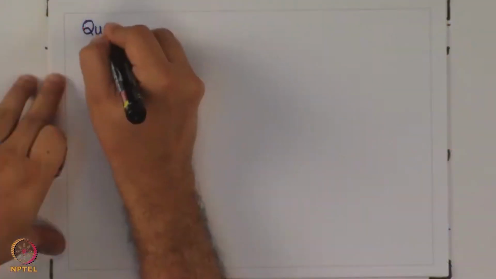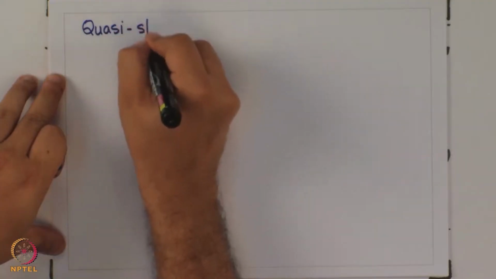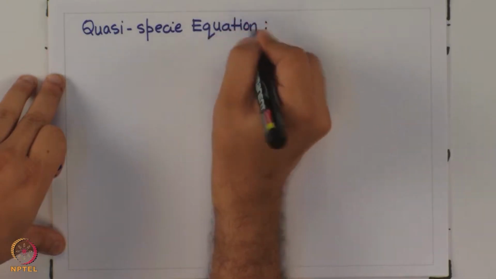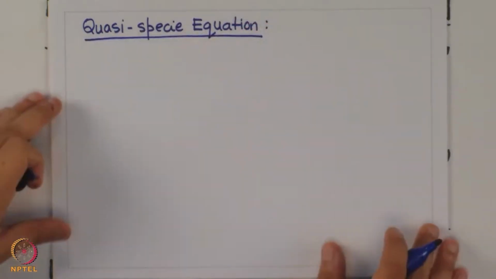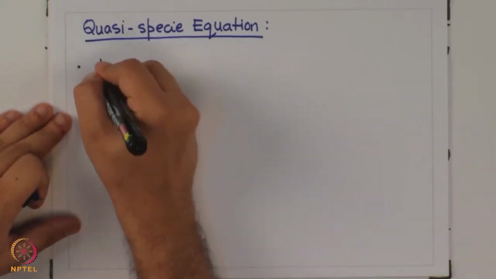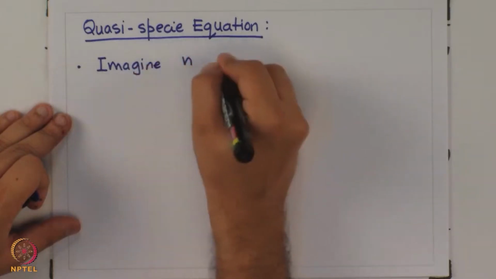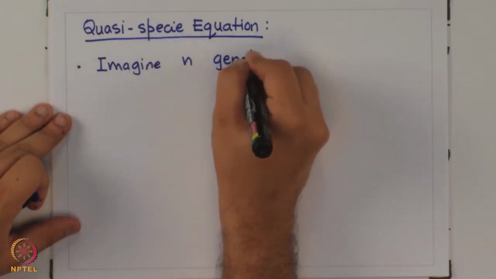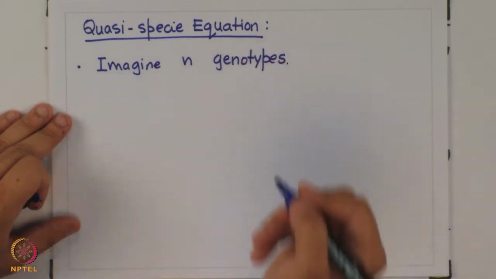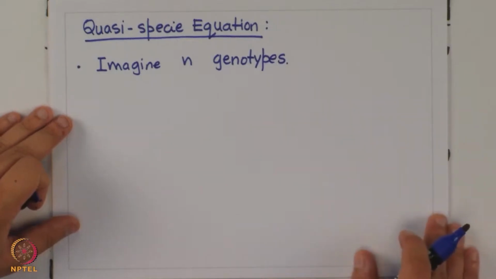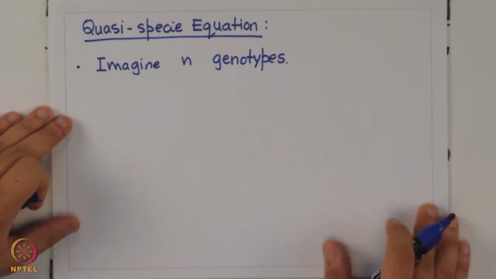For now, let us start with what is called a quasi-species equation. And we will define the framework for this. Imagine that there are n genotypes. So, you have a species, again we will think in terms of bacteria, you have a bacterial species and you have n distinct genotypes which exist.